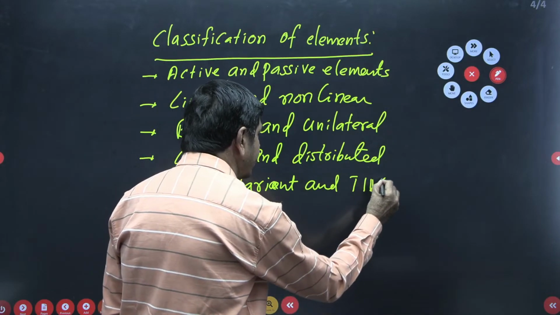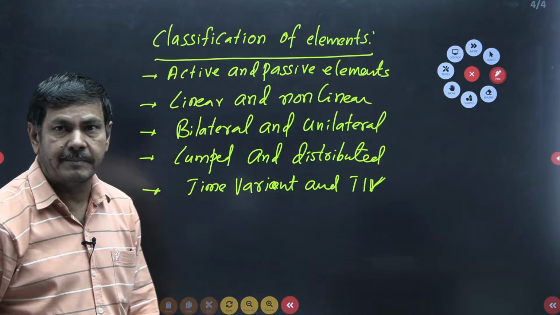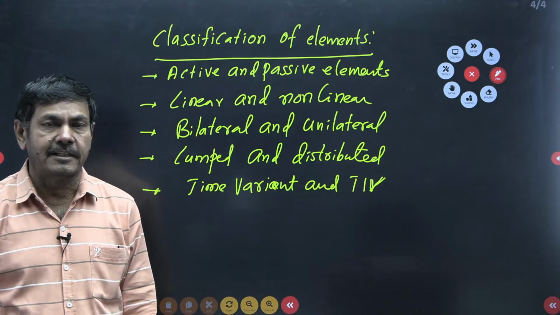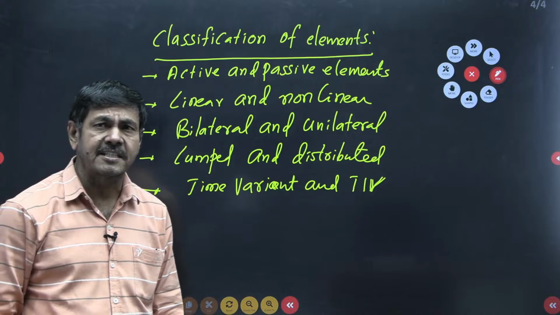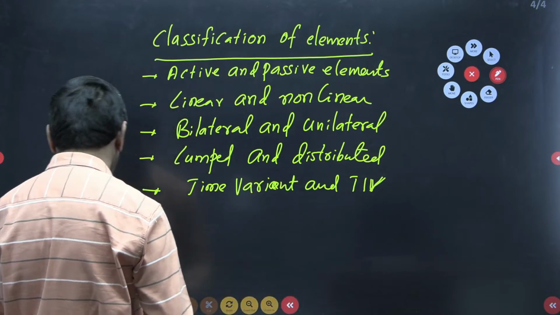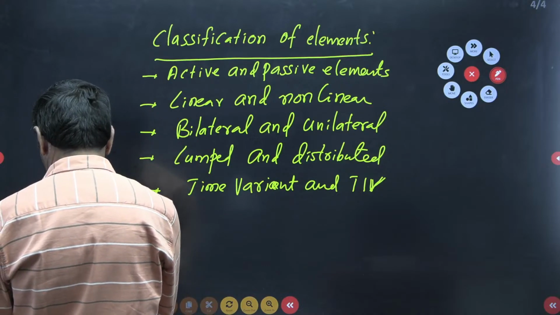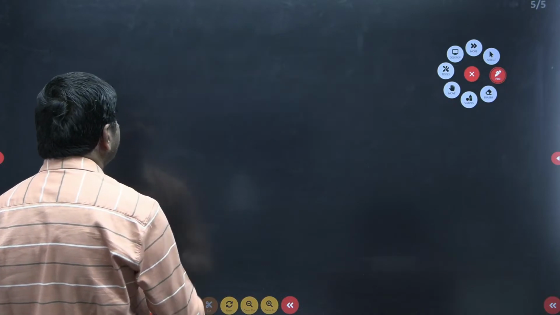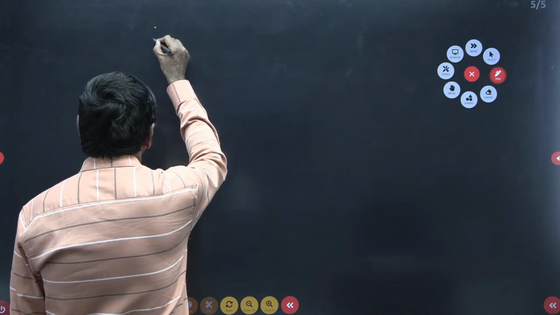Like that we can classify the elements. All these basics are more important to do any question in any chapter. Understand now. The first one I want to discuss is active elements.